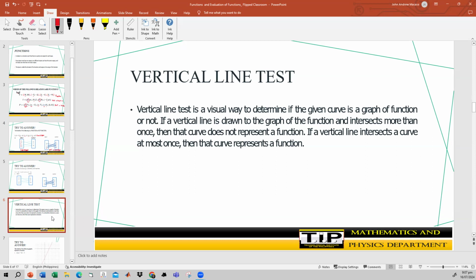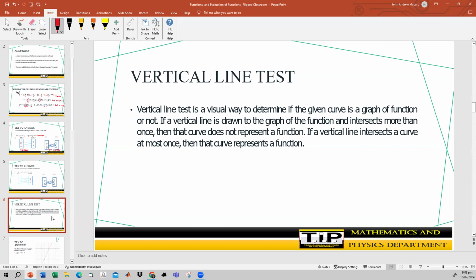It says here that if a vertical line is drawn to the graph of the function and intersects more than once, then that curve does not represent a function. Otherwise, it is a function, right?